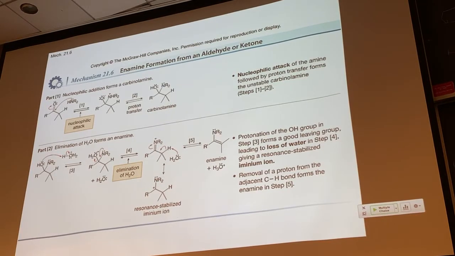When we're using a secondary amine as our nucleophile, we've already deprotonated the nitrogen. We deprotonated it up here. So now we have an iminium ion with no proton on the nitrogen. So we cannot deprotonate the nitrogen. If we have at least one alpha hydrogen, we can deprotonate that instead. You see the curved arrows we would draw? That gives us a carbon-carbon double bond. We push the electrons from the carbon-nitrogen double bond back onto the nitrogen, and that gives us our enamine.